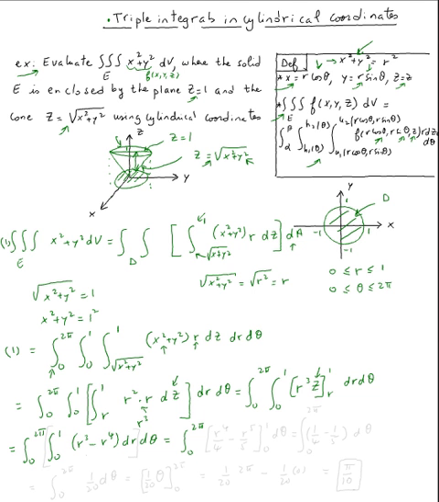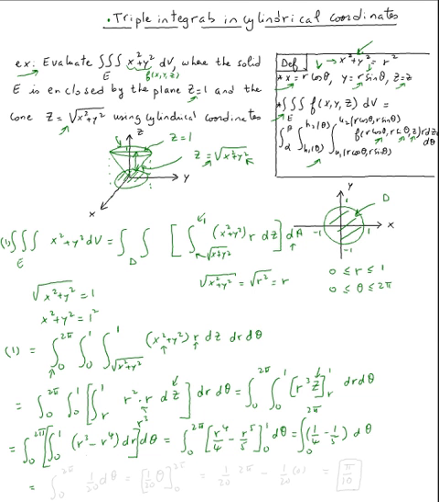Now we're doing the inner integral. The integral of r cubed minus r to the 4th with respect to r would be r to the 4th over 4 minus r to the 5th over 5, between 0 and 1, d theta. Now plug in 1: 1 to the 4th is 1, so it's 1/4 minus 1/5, minus 0, we don't have to write that one. So 0 to 2 pi, d theta. The inside will be 5 minus 4, 1 over 20.